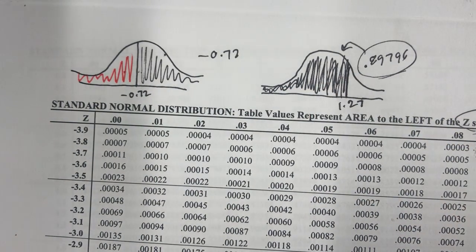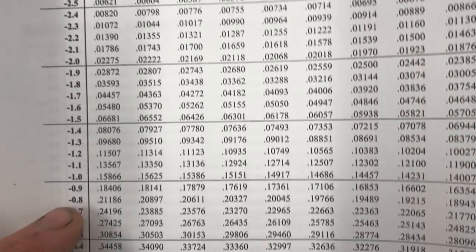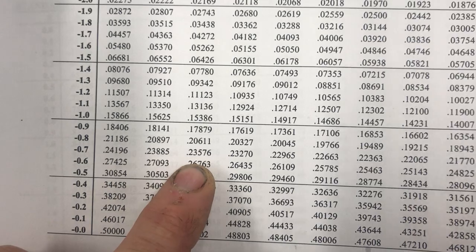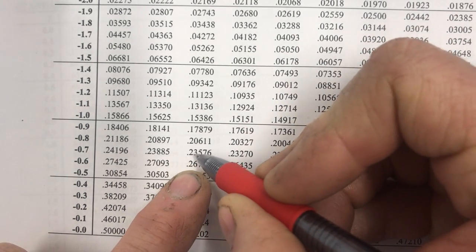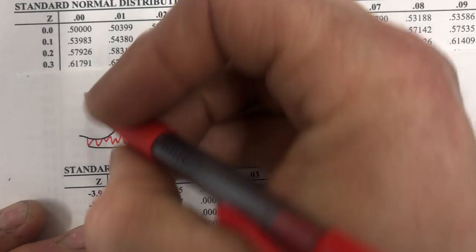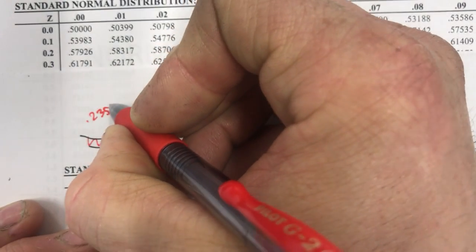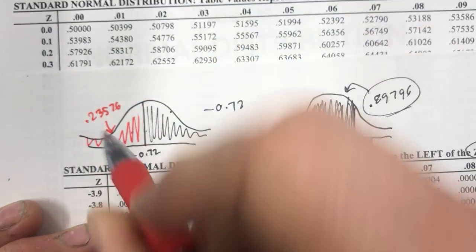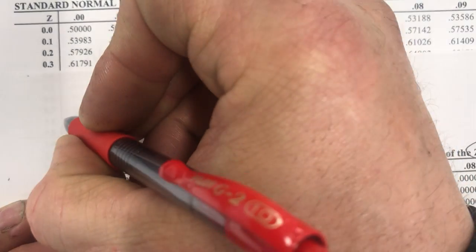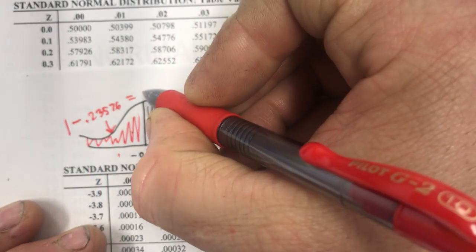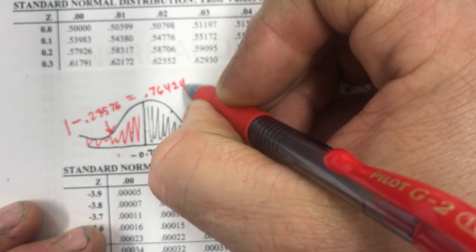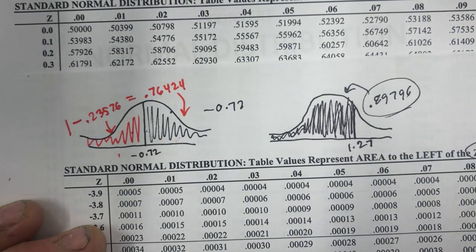Looking up negative 0.72: here's negative 0.7, and I go to 2. This is my area, 0.23576. That's what this area is, but I don't want that. I want this part over here to the right. So I simply go 1 minus that, which gives me 0.76424.